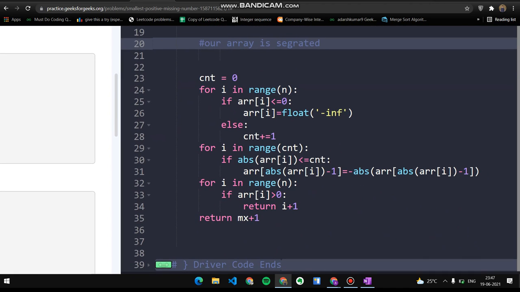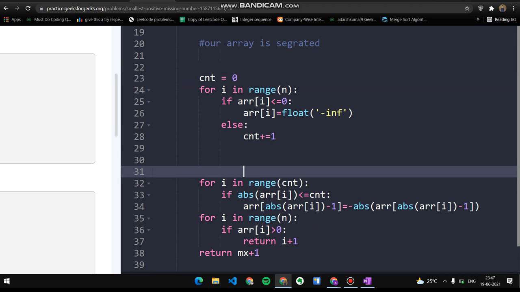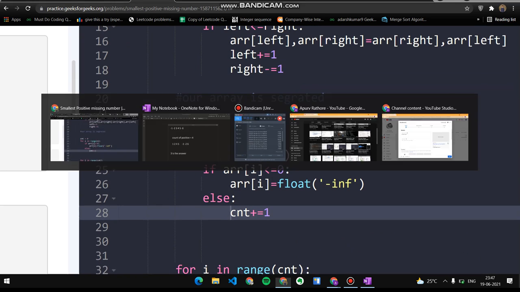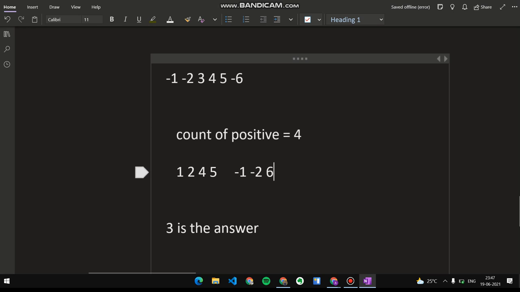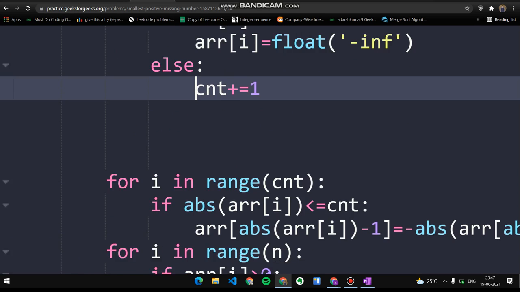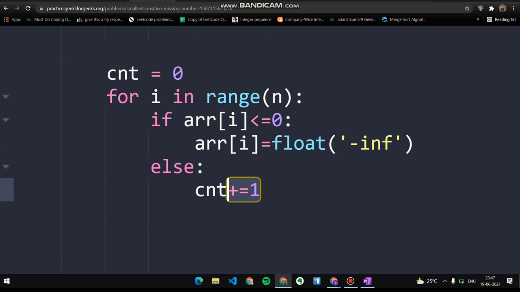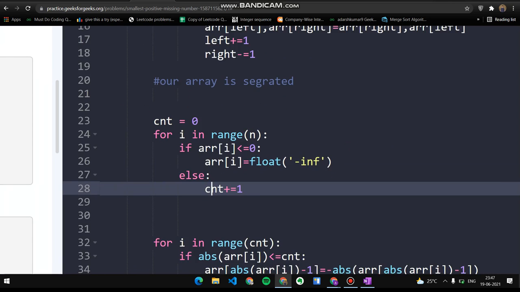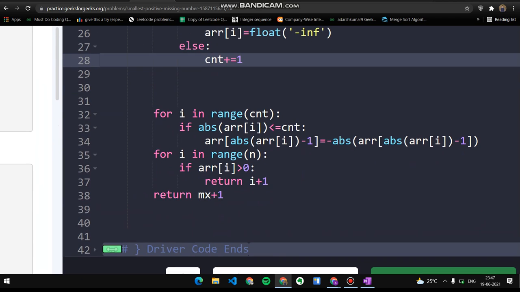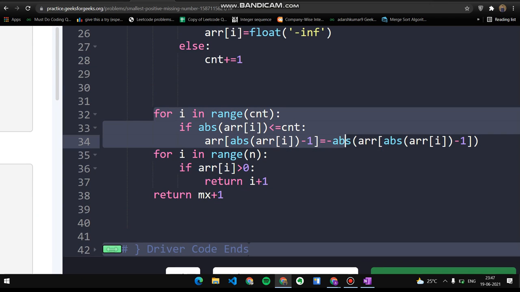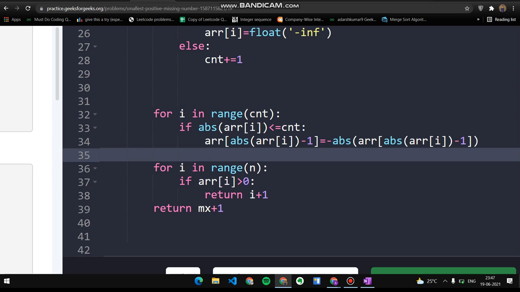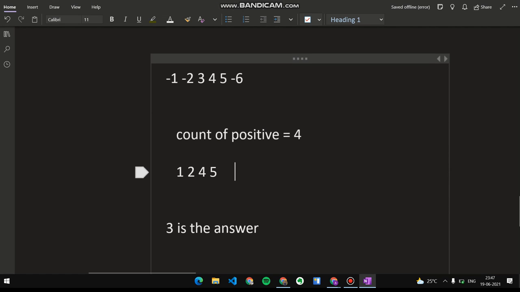Now, in this part I am making all the negative numbers minus infinity. There is no need for that, you can skip that. So we are here counting the positive elements, and this is the final part of the answer. In this we are looping through the array. Suppose the segregated array was -4, -3, -2, something like this.